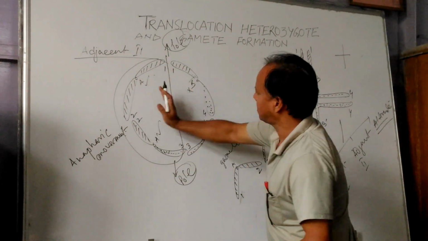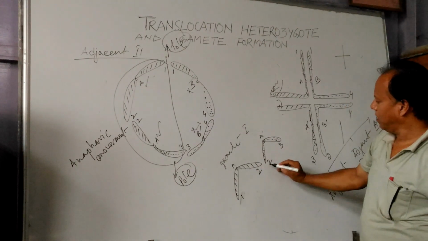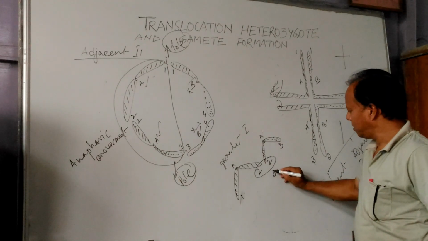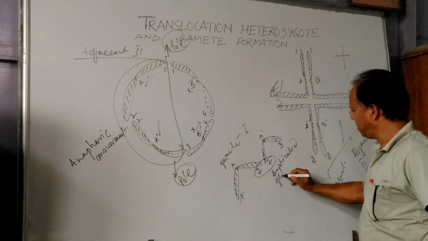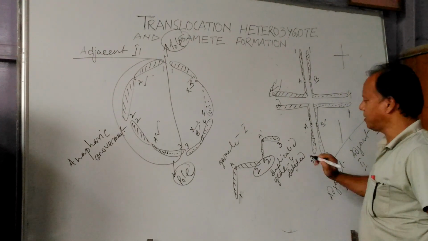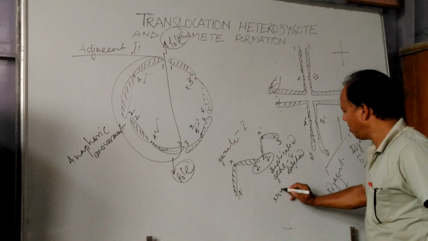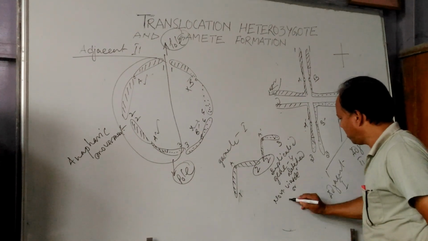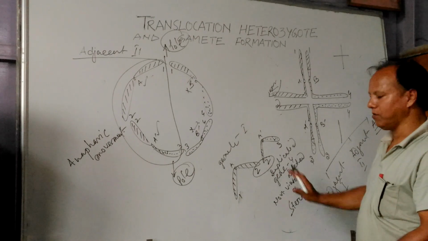So these two are involved in the gamete formation, and here gene 2 is duplicated and gene 4 is deleted. Again, due to deletion and duplication, this gamete is non-viable, and the chromosomes are also non-viable.